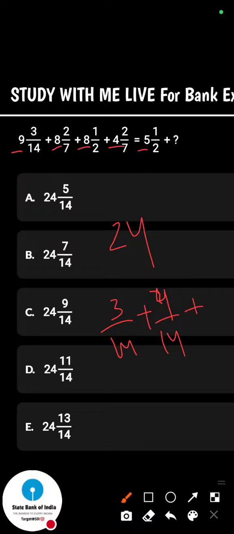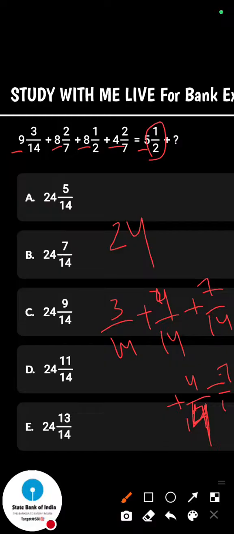Okay, plus we can write this as 7 by 14, plus 4 by 7. Here this minus 1 by 2 means, 4 by 14. Okay, minus 1 by 2 means we can write this as 7 by 14. So 7 by 14 is cancelled here. We are left with 8 plus 3, 11 divided by 14, so we got 24, 11 by 14. Option D is our answer.